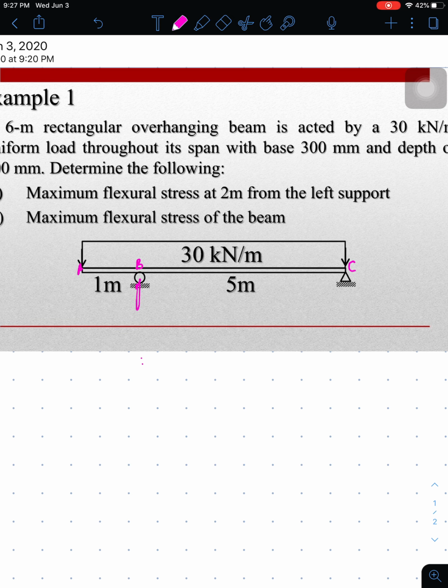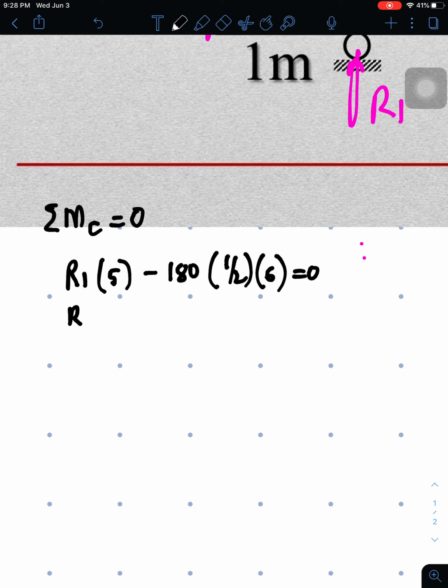So 180 times 1/2 of the distribution. The whole distribution is 6, and that's equal to 0. So we can now get R1. Let's use your calculator: 180 times 3 divided by 5. The answer is 108, and the unit here is kilonewtons. We now have R1.